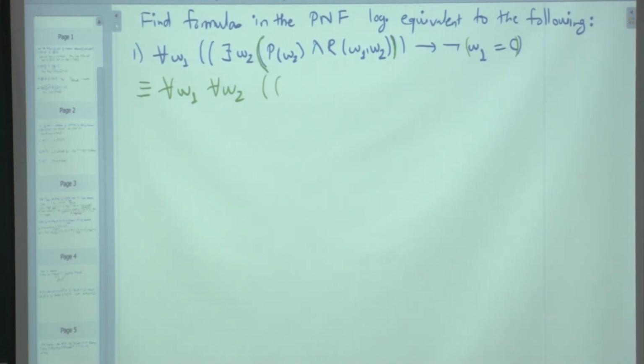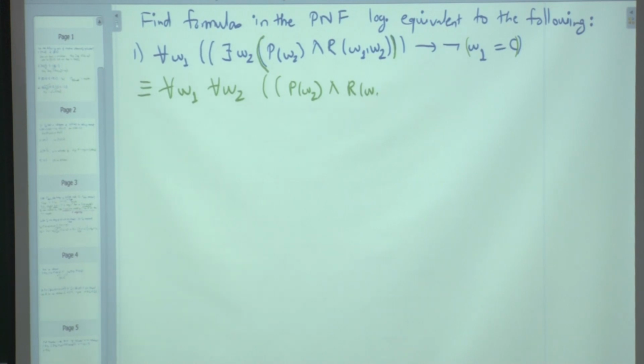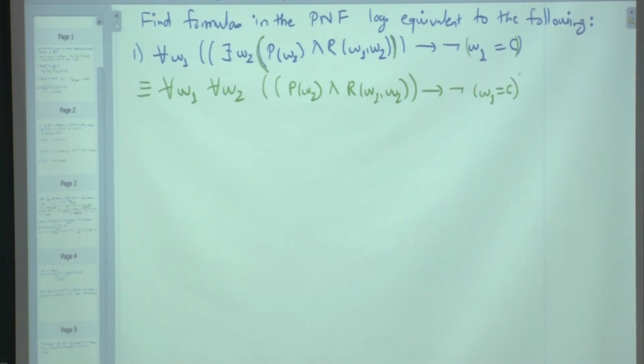Keep it the same, right? P(W2) conjunction R(W1, W2). There should be a parenthesis. And I think we are done by putting this. Okay, so the process here is simple.